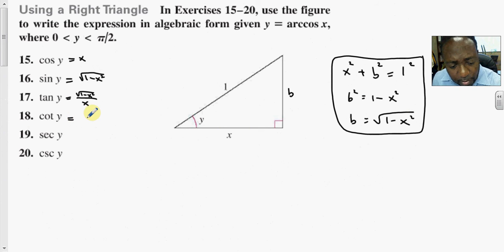Cotangent is the reciprocal of the tangent, so that's just x divided by the square root of 1 minus x squared. Secant y is the reciprocal of the cosine y, so that's just 1 over x. And cosecant y is the reciprocal of the sine y, so this is just 1 over the square root of 1 minus x squared.